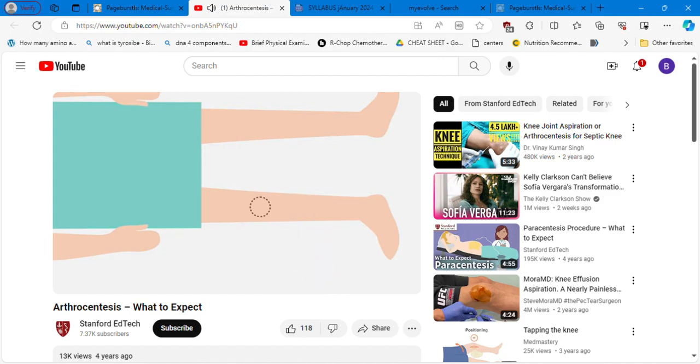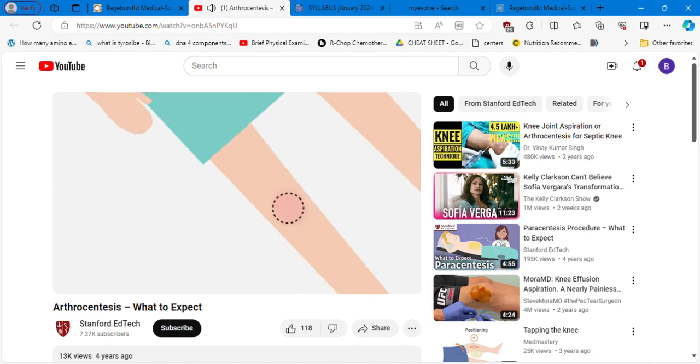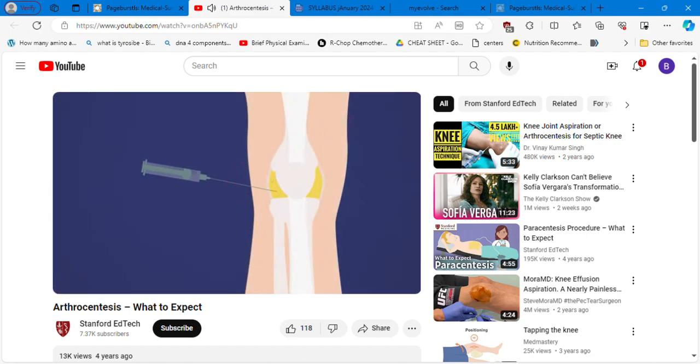After choosing a location, the doctor will wash your skin with a powerful soap. Your doctor may then choose to administer pain medication under the skin in the same location that the needle will enter. Next, a needle will gently be inserted in your joint until fluid can be drawn back. You will feel a prick when the needle is inserted.